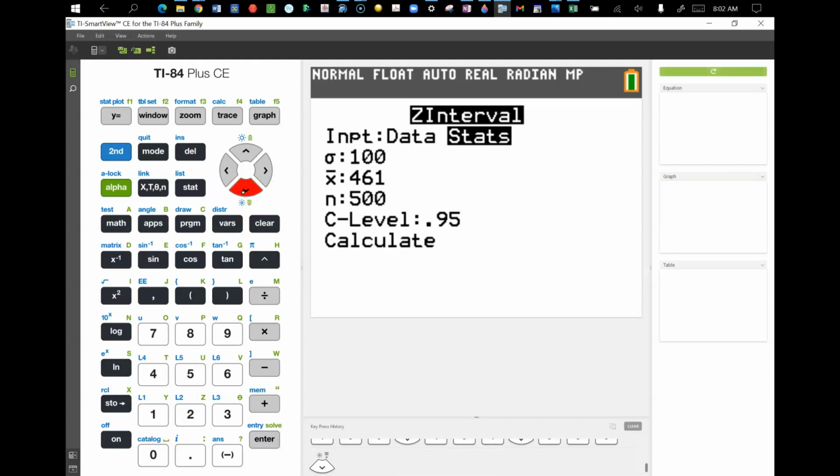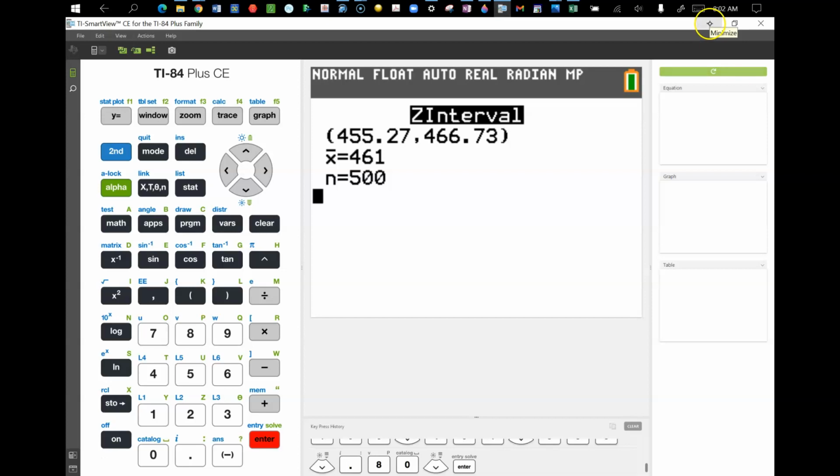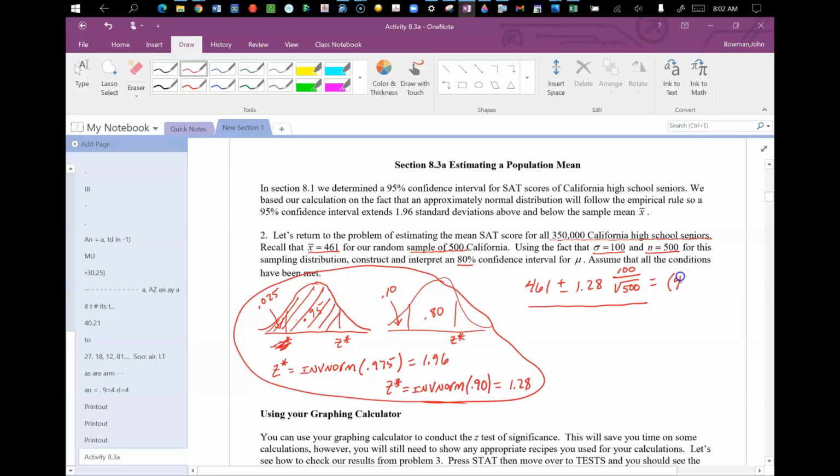The confidence level as a decimal, 0.80, and then we're going to calculate. And what this does is gives us the lower and the upper confidence limit. So our 80% confidence interval goes from 455.27 to 466.73.